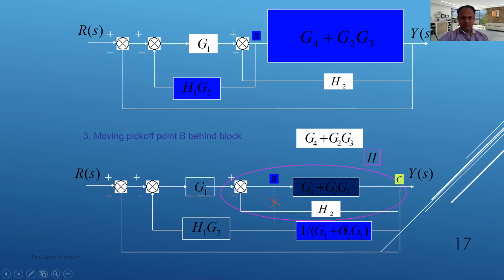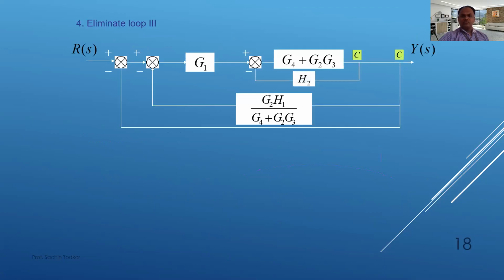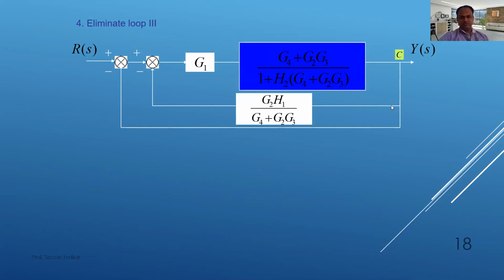Then we are going to simplify the second loop. This second loop will be simplified with the help of the feedback function rule. So it will become G4 plus G2 G3 divided by 1 plus H2 into bracket G4 plus G2 G3.